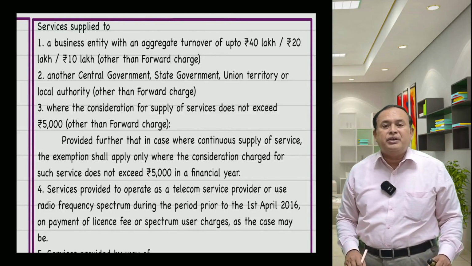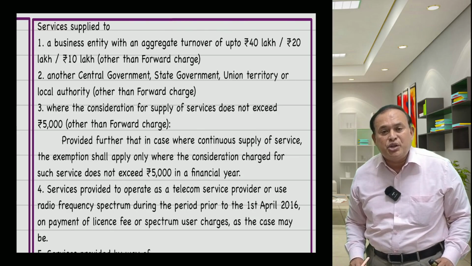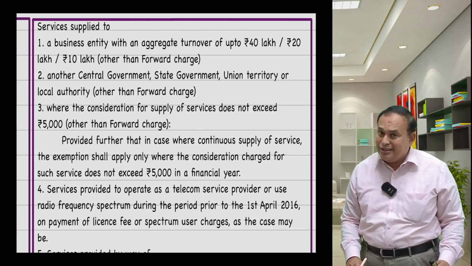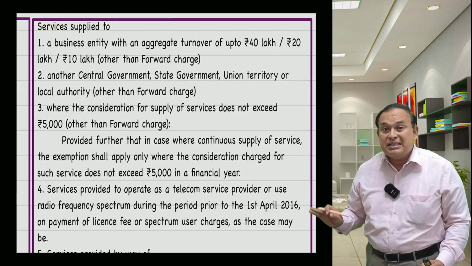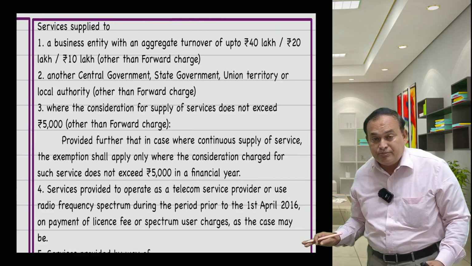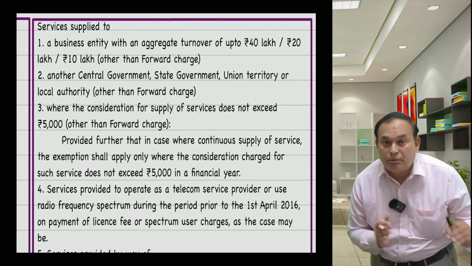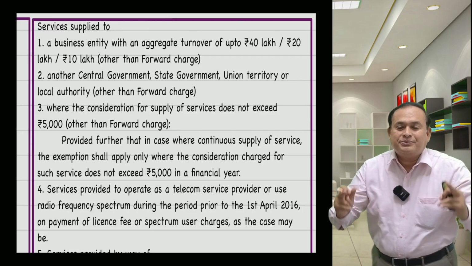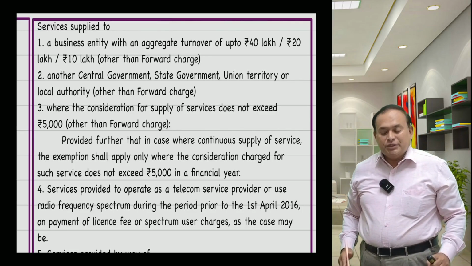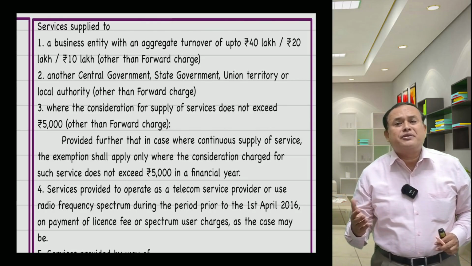Exempted supply of services where the supply is offered by the central government, state government, union territory or a local authority to a business entity. If the service is not exempted, it by default attracts GST under RCM, if not specifically mentioned as FCM. A detailed study of exemptions I am going to take up in the subsequent class.